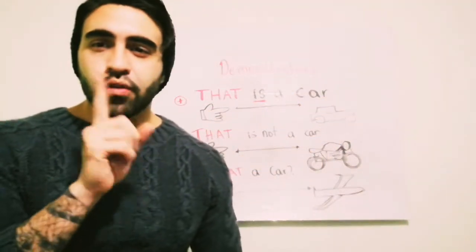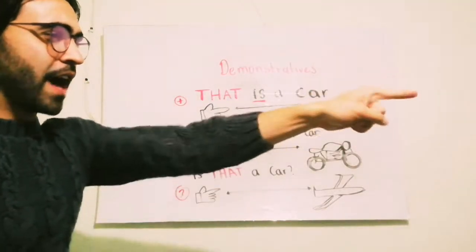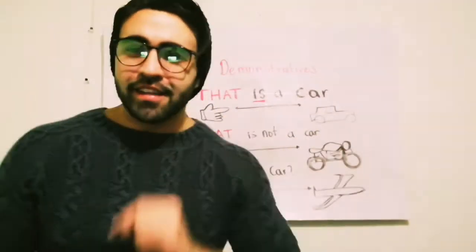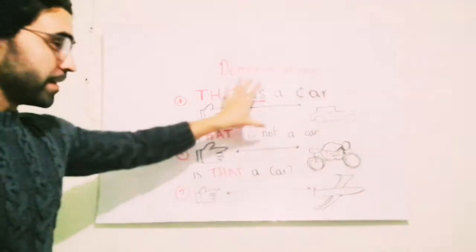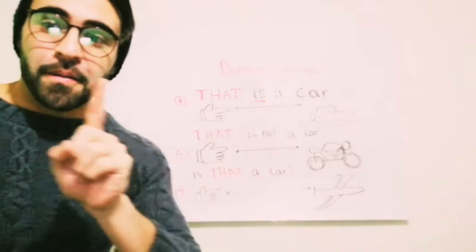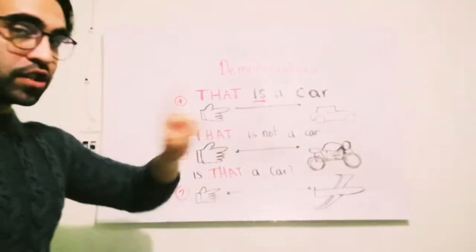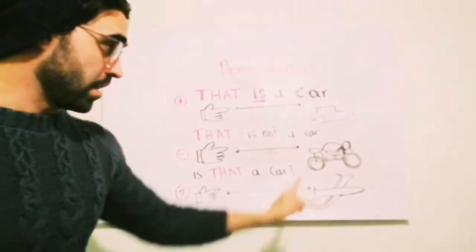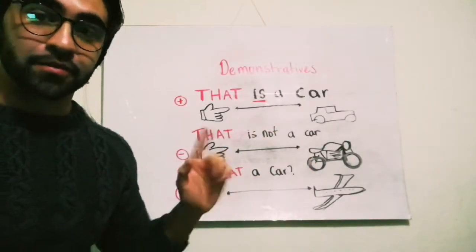And I say, no, wait, I need my glasses, because that is not a car. That is not a car, right? So in this case, we have a similar example, but it's a negative sentence. So I say, that is not a car. That is a motorcycle, right?